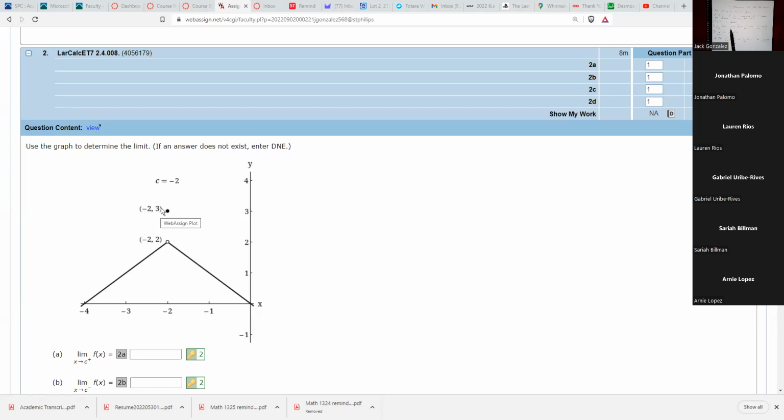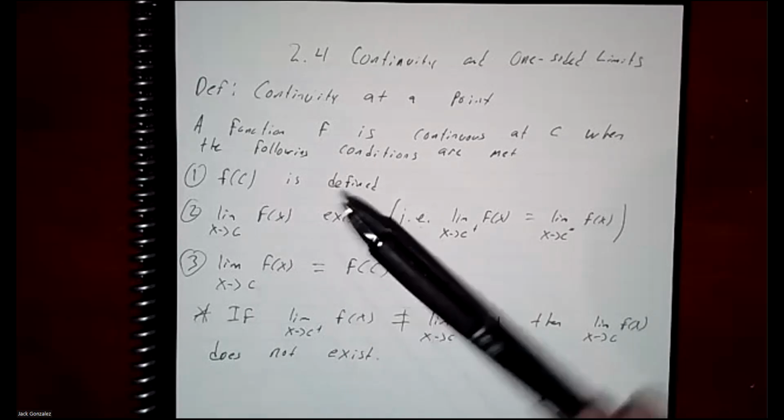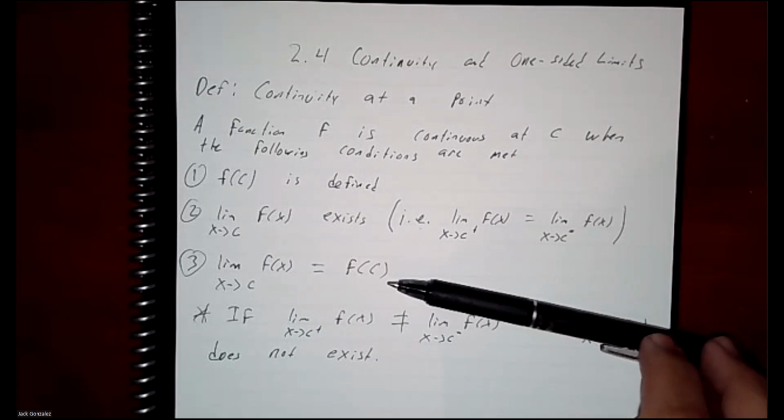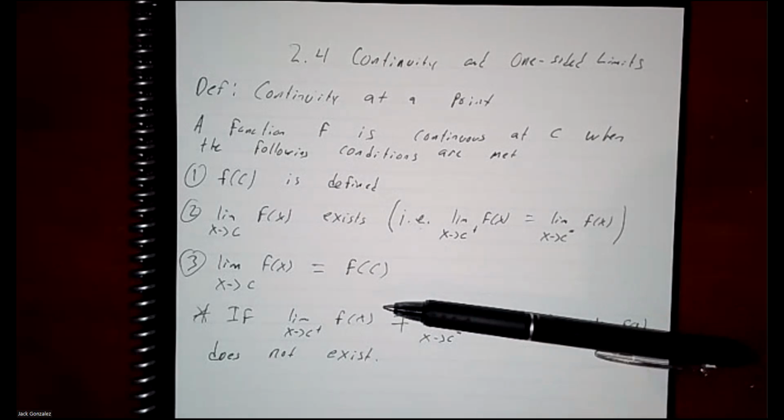Do you all see, and if you don't, let me know, why it fails number 3? Why condition 3 is not working for us on this example? It is not continuous because it fails number 3.